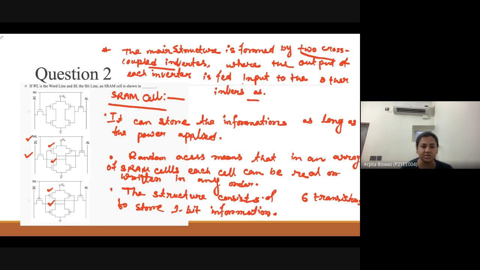So here NMOS and PMOS make the inverter, where the output of one inverter is fed to the input of the other inverter. But for the third case, both are NMOS. So from the fourth point you can see the right option is option two.